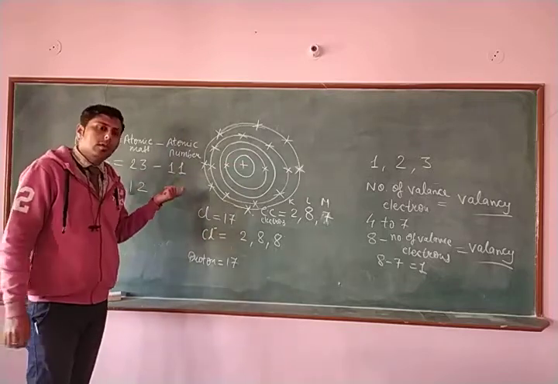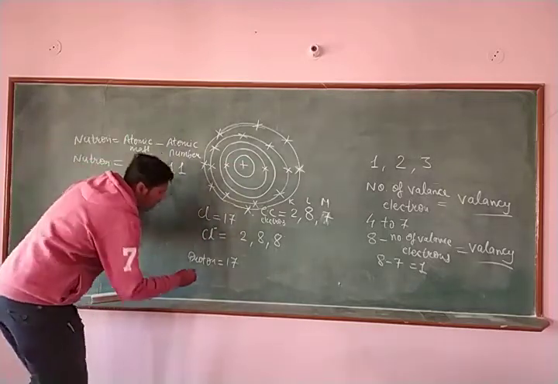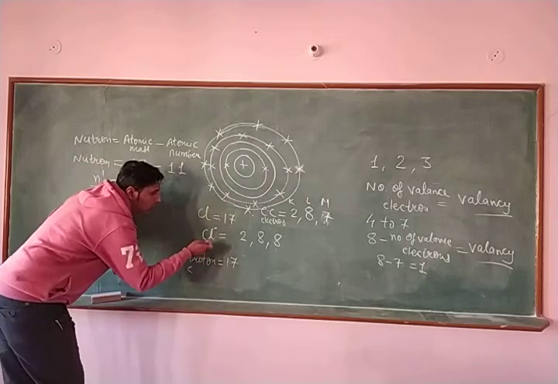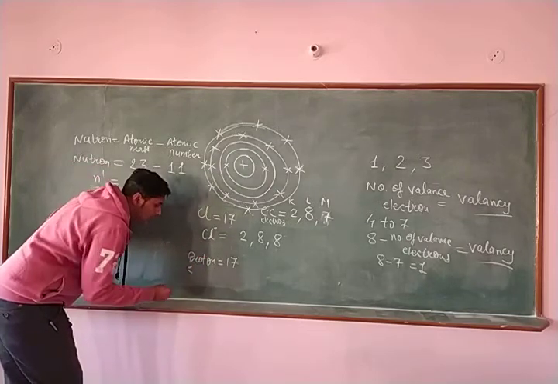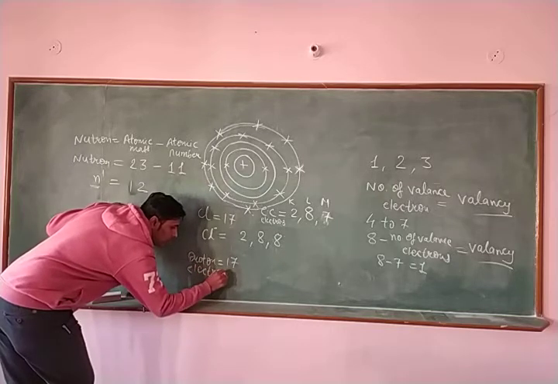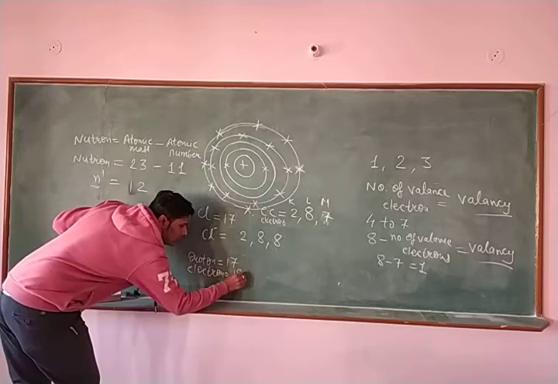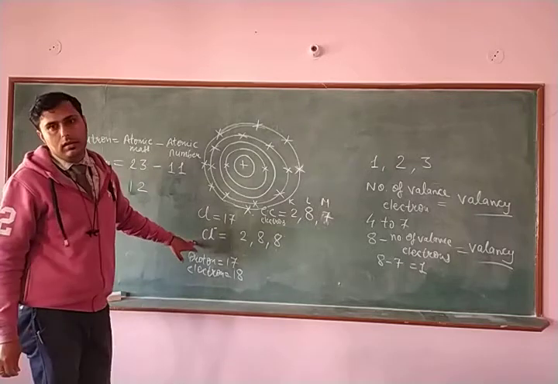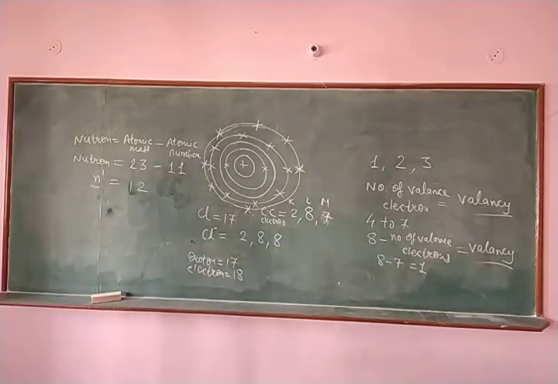Or what does it gain? Electrons. So chlorine had gained one electron. How many electrons will it have now? 18 electrons for the chlorine anion. Okay.